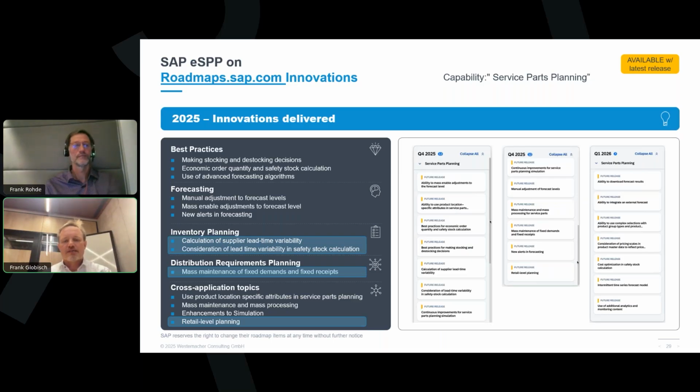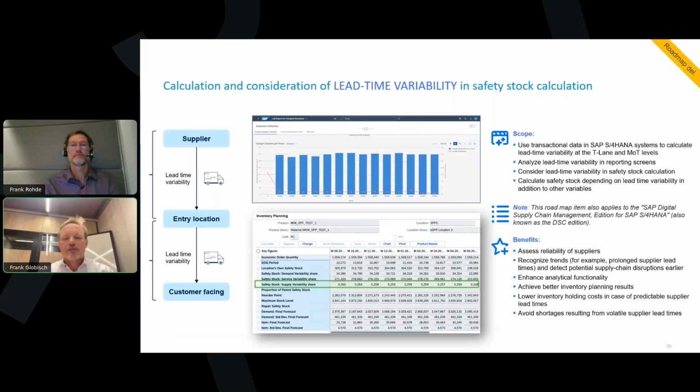But with that said, let's have a look at the first topic around inventory planning. There, we shipped a couple of weeks back the possibility to calculate and also consider lead time variability in safety stock calculations.